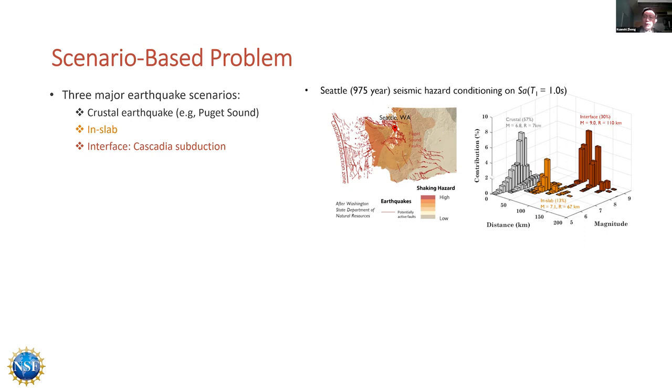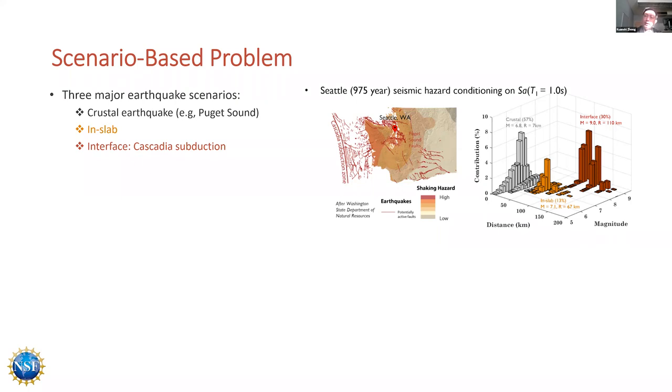And on the right figure here, we show the deaggregation plots. You can see those different earthquake scenarios have different magnitude and distance to the structure at this 975 return period level. And the idea would be, you can just group them up and find the median or mean value, the expected value for magnitude and distance.